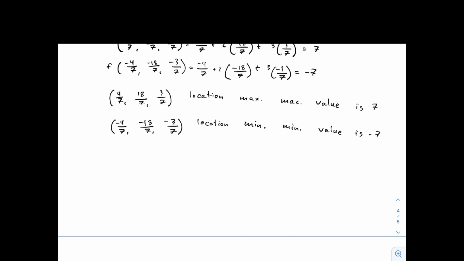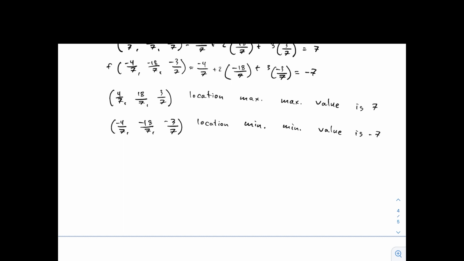So to kind of summarize what we talked about here, when we're trying to find a relative maximum or relative minimum and we have some additional constraints to worry about, in a single variable case it is fairly straightforward.